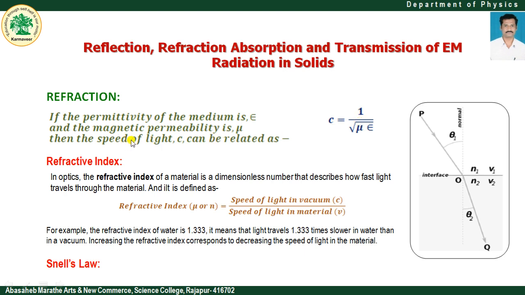So optical materials are generally not magnetic. Okay, optical materials that we are seeing here, we have seen that the magnetic permeability of the material exists, but in case of the optical materials, generally they are not magnetic, and therefore the permeability can be neglected in that case.